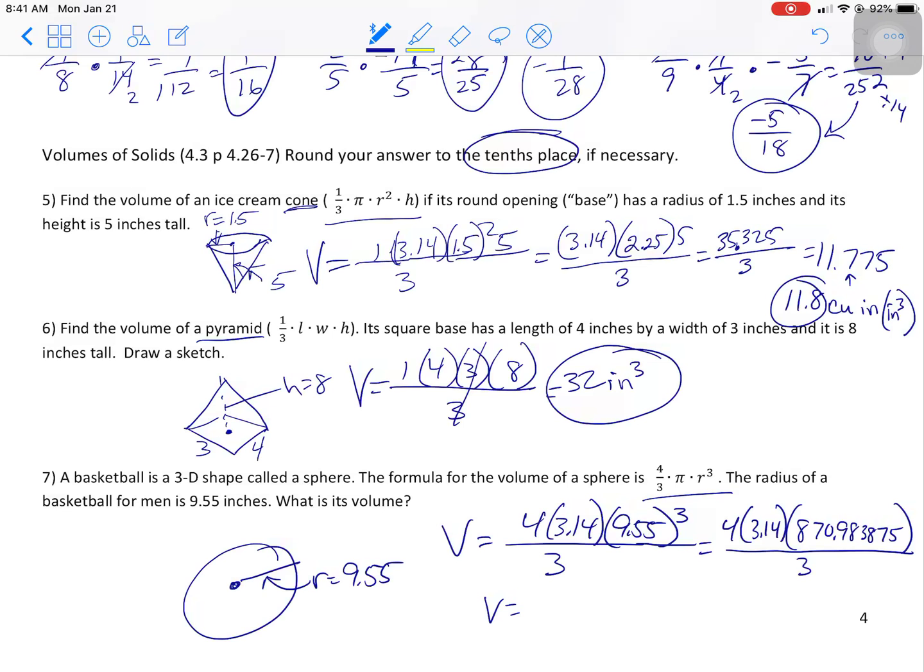So I'm keeping that number in my calculator, multiplying it by 4, multiplying it by 3.14, getting a big number. You don't have to write this number down on the test. You just keep it in your calculator. But I like to write everything down because I make mistakes a lot. So I want to make sure that I can check these things.